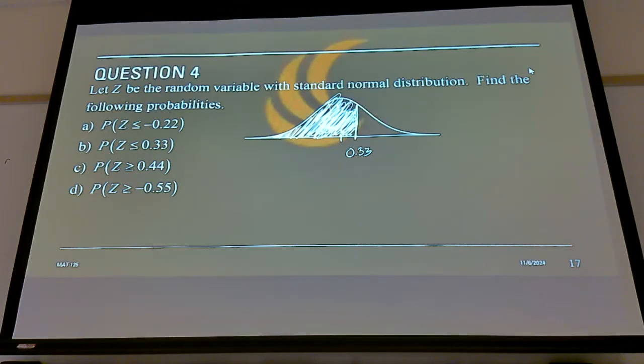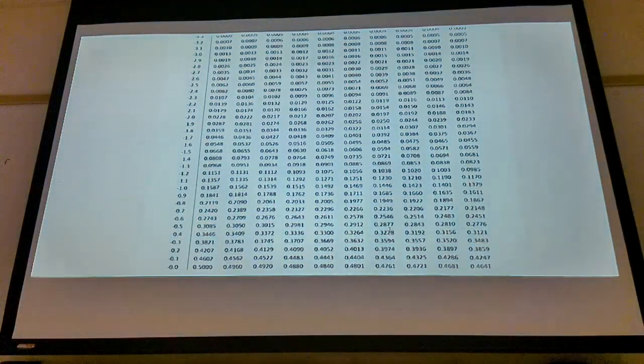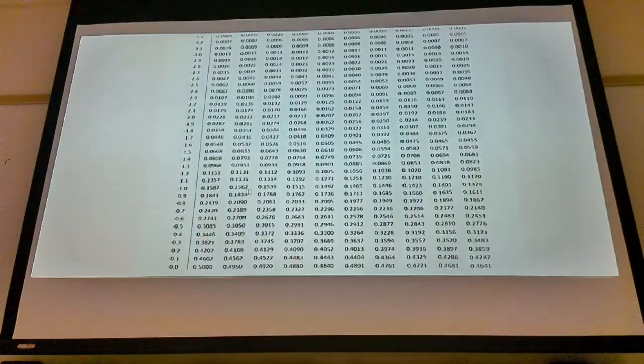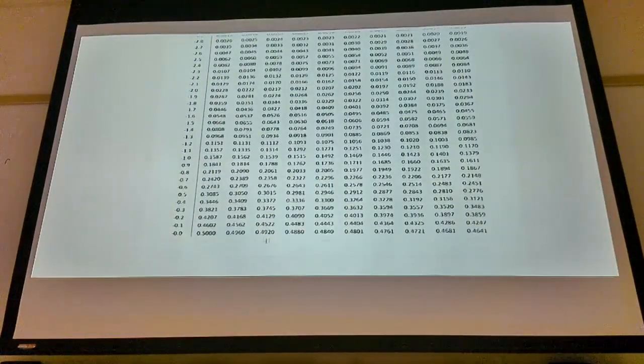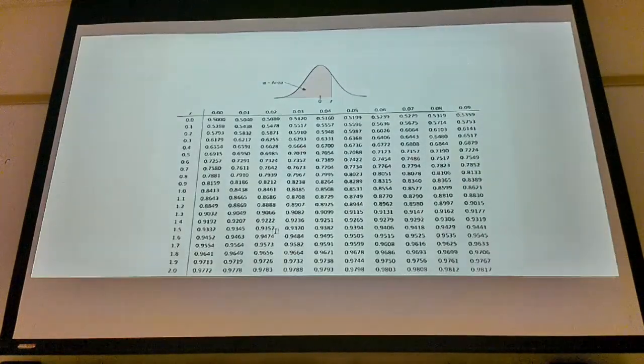Once again, that can be read directly from the chart. 6293. Right there, right?